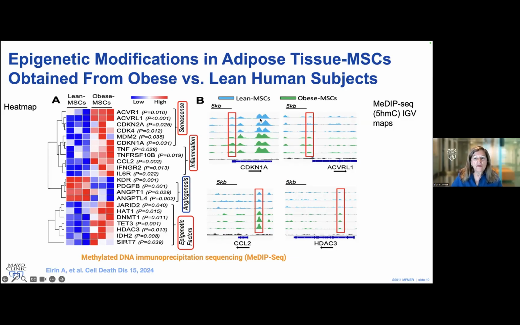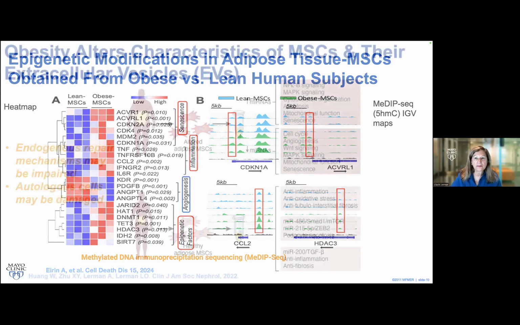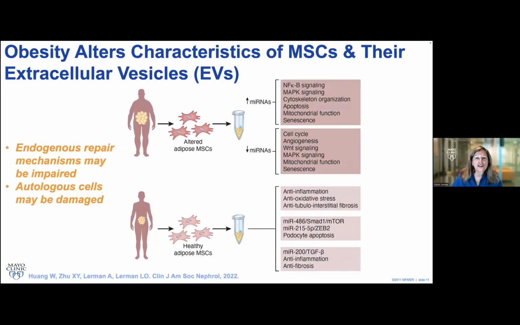We found that there are indeed higher 5-hmC levels in regulatory regions of senescence genes, inflammatory genes, and epigenetic factors, suggesting that obesity induces epigenetic changes in the activation of genes in adipose tissue-derived mesenchymal stem cells. In addition to these epigenetic changes, obesity may also induce changes in the expression levels of mRNAs and microRNAs in several important pathways.